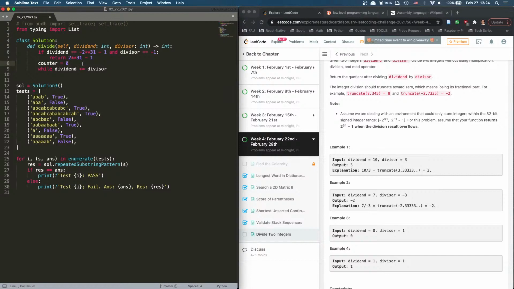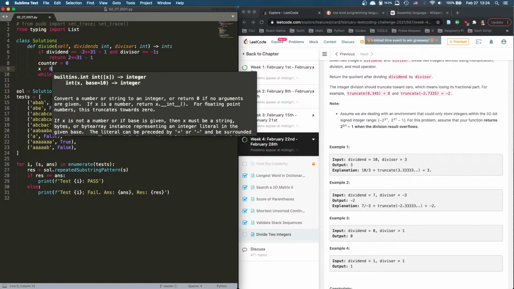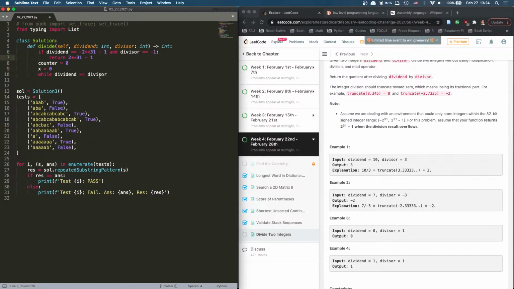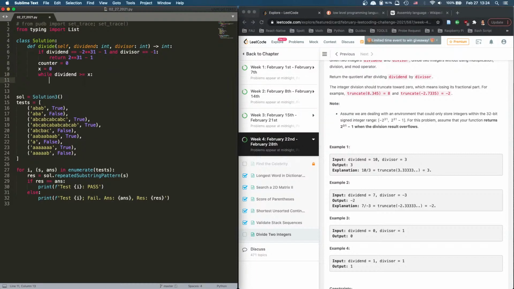So that is just the divisor plus itself. Let's just give a name, x equals 0. So while it's larger than x, right, then what we do is x equals divisor.